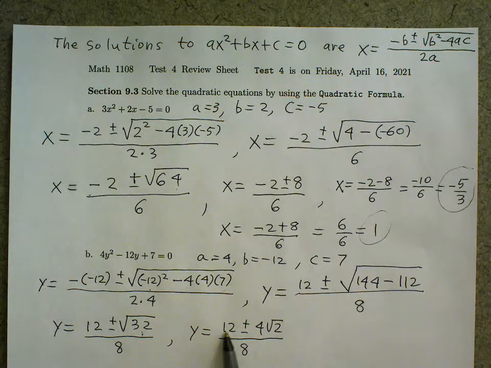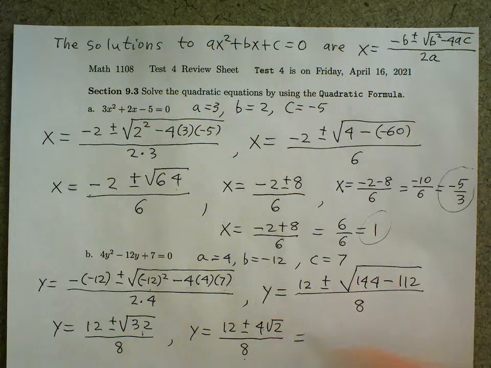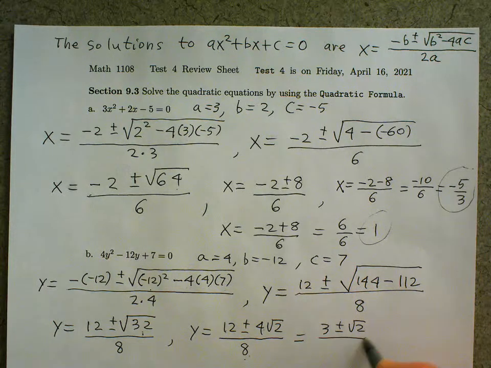And every term in the numerator and the denominator have a common factor of 4. So if we divide everything by 4, we're going to get 3 plus and minus the square root of 2, all divided by 2.